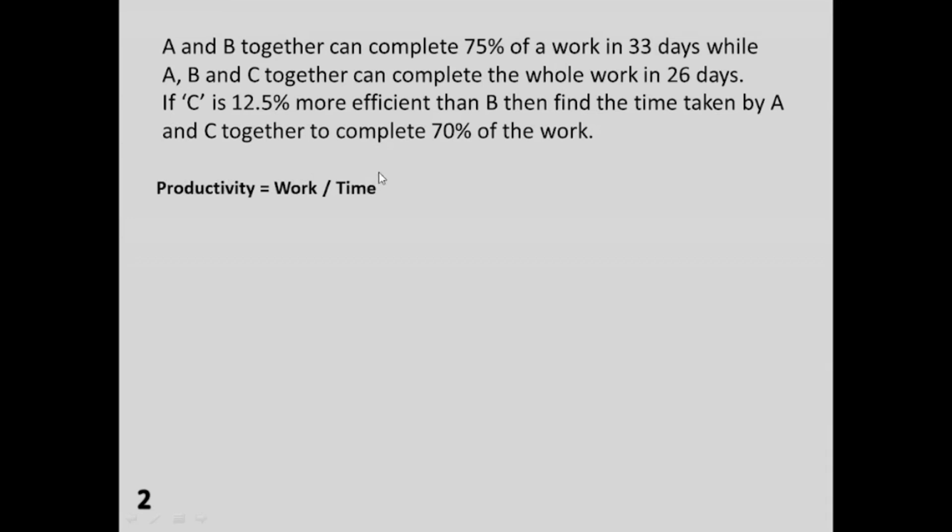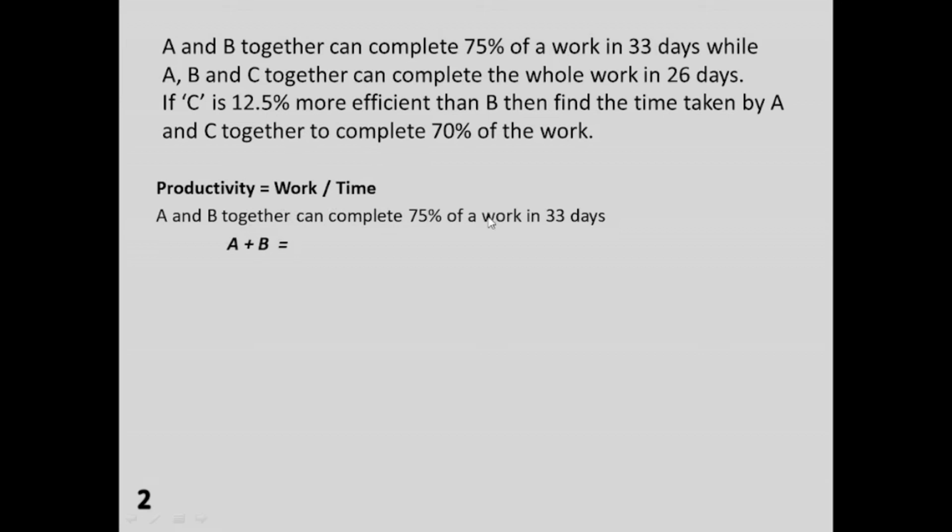If we see the first sentence in this question, A and B together can complete 75% of the work in 33 days. We want this to be converted into this formula like this. So if A and B work together, their productivity adds up. The amount of work is 75% of the total work.